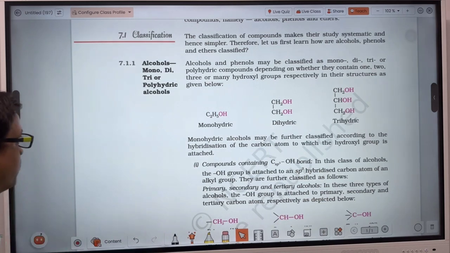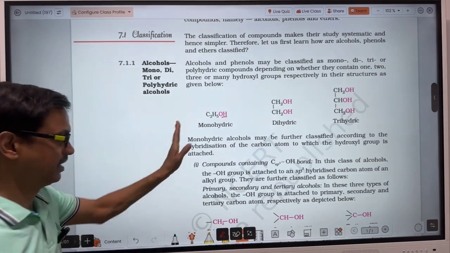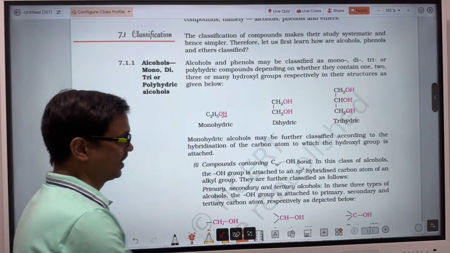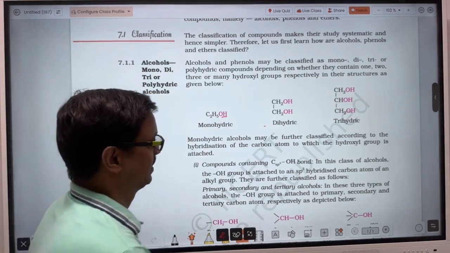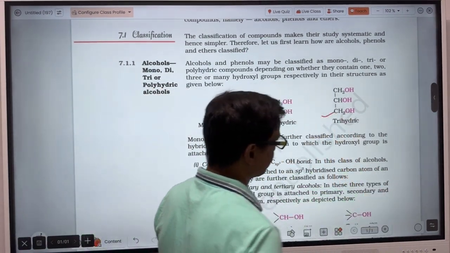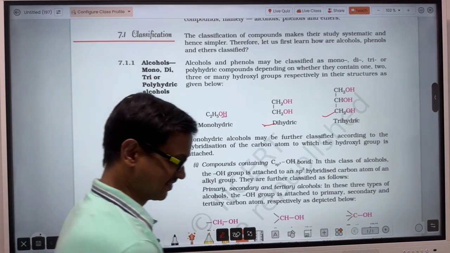On the basis of the number of hydroxyl groups: if in the compound there is only one OH, it is called monohydric. If there are two OH, it is called dihydric. In the same way, if there are three OH groups in the compound, it is called trihydric.